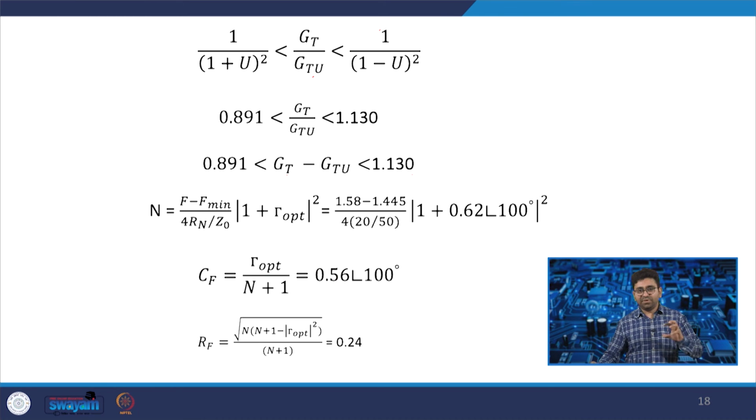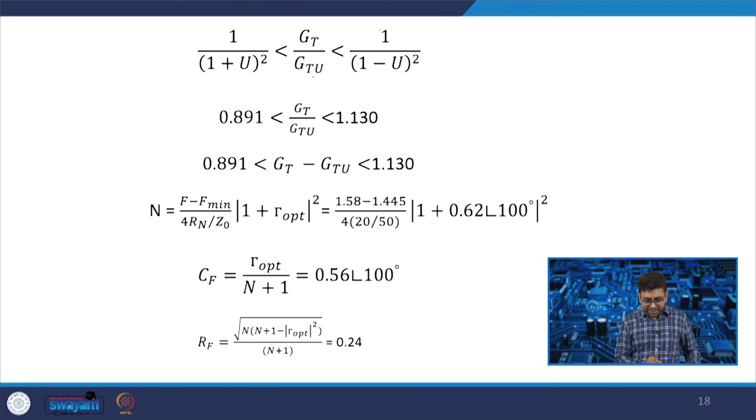So if the variation in the gain is in the range of 0.5, it is fine to consider it as a unilateral, though your device is a bilateral. We already have discussed the difference between unilateral and bilateral. So in unilateral, your S12 is considered as 0. So here we can consider it as unilateral.